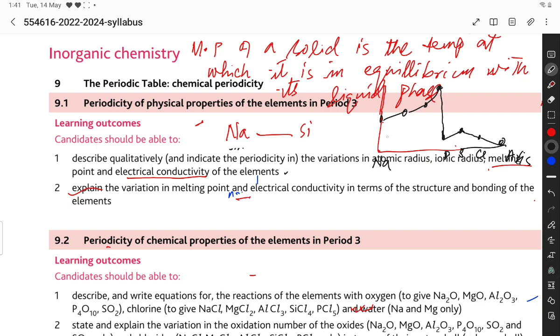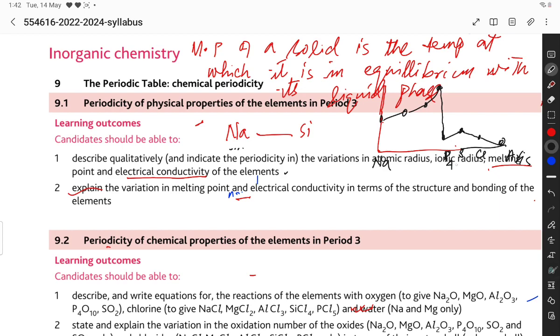And you know that sodium has one valence shell electron. Melting point depends on the number of valence shell electrons which are localized in the metallic lattice. So across the period till silicon, the number of electrons increases, so that's why melting point is increased. Phosphorus is a simple molecule and non-metal. Sulfur is also a simple molecule.